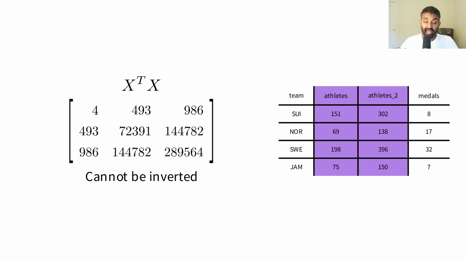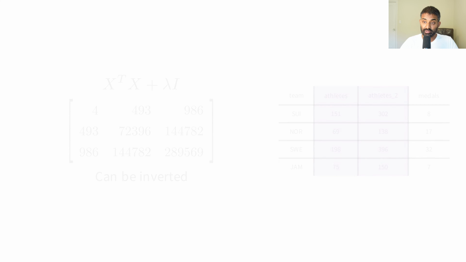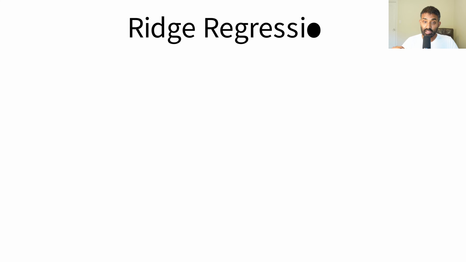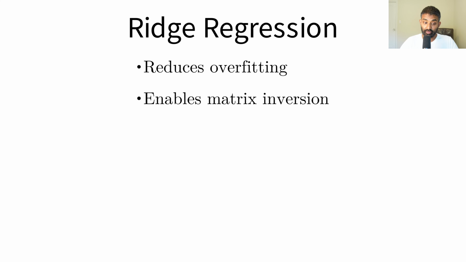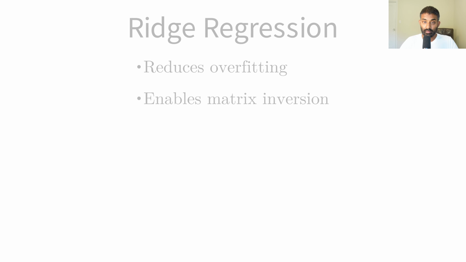But when we add in the ridge penalty, it can be inverted. So this is another case where the ridge penalty can be useful. So the two cases where ridge regression is useful are in reducing overfitting due to collinearity and enabling matrix inversion when one of your columns is just a multiple of another column.